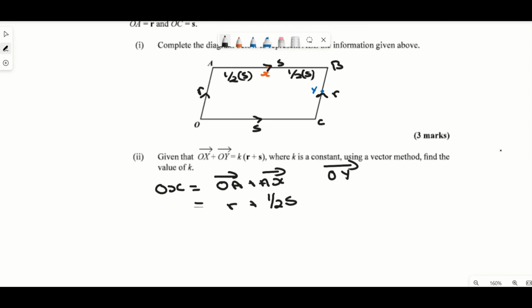Then we're going to do OY, using the same thing. OY would be equal to OC plus CY, so we're starting from O and ending at Y. Same thing here, guys.